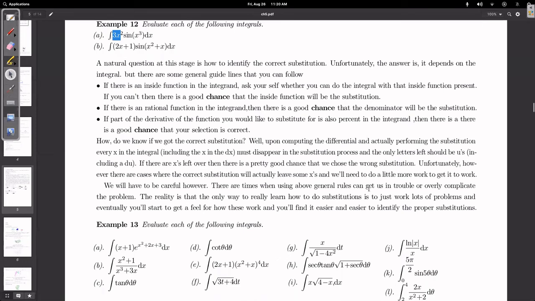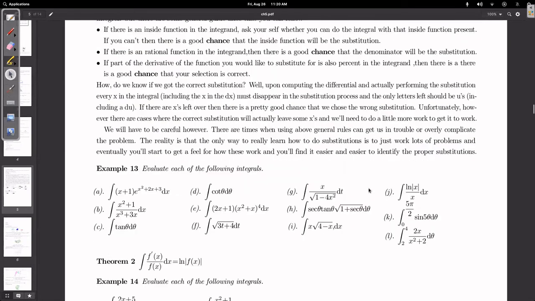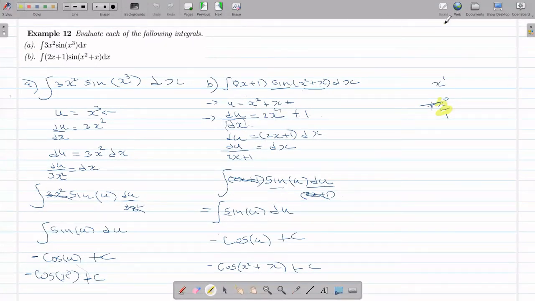Okay. Now we will move on to this example 13. Okay, before going into 13, I'll give you one to try. Okay.